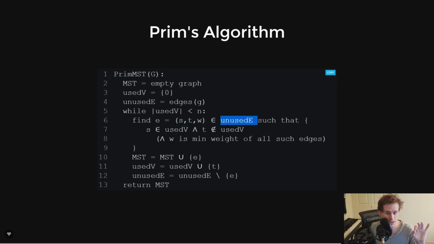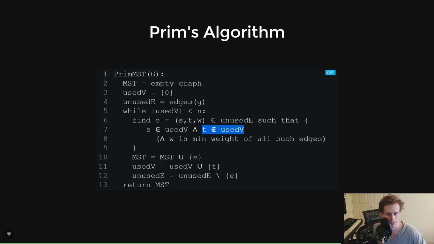By the way, when I said candidate edges, that's what we mean here by unused edges. So it's the unused candidate edges. And we want to find an edge out of those candidate edges that is connected: one side is connected to the MST, the other side is not connected to the MST.